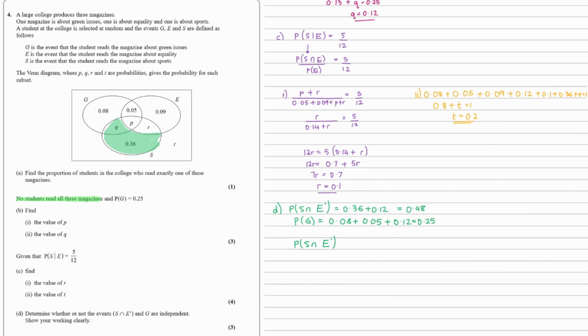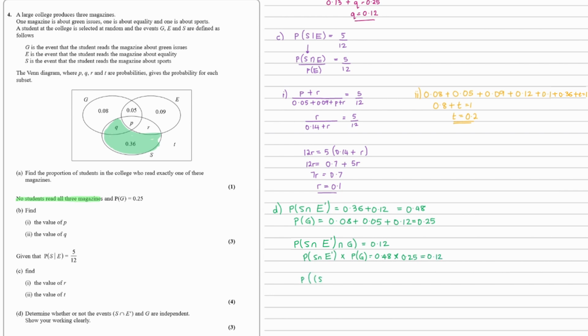In order to find if these are independent, we would first have to look for the probability of S intersecting with E dash and that intersecting with G. And that value is Q plus P, which is just going to be 0.12 because P is 0. We also then need to find the probability of S intersects E dash and multiply that with the probability of G. So the probability where S intersects E dash multiplied by the probability of G would be equal to the 0.48 that we found multiplied by the probability of G, which is 0.25, and that gives 0.12.